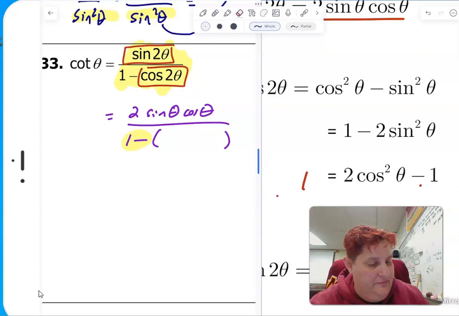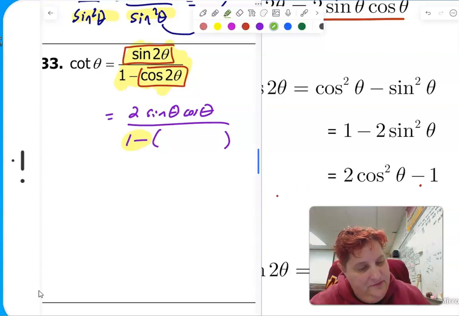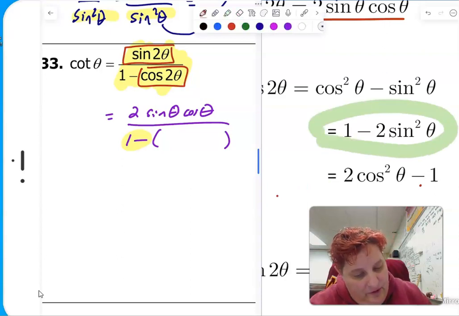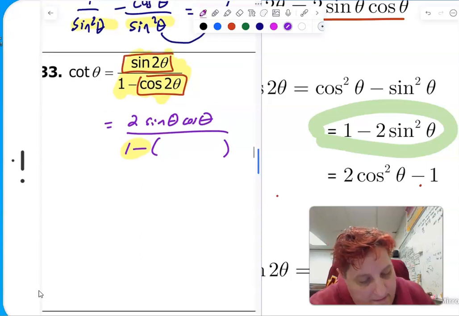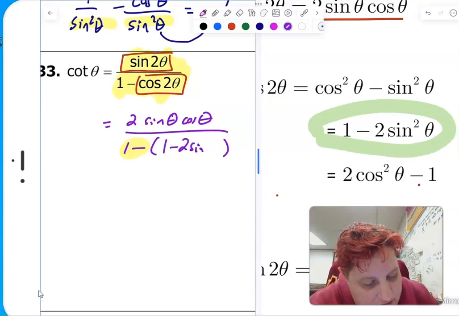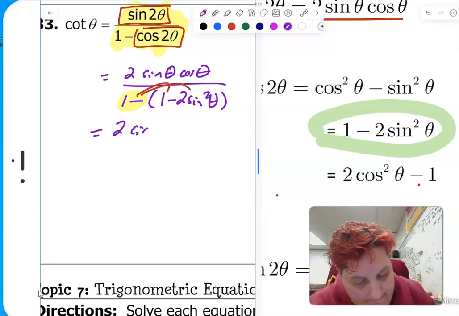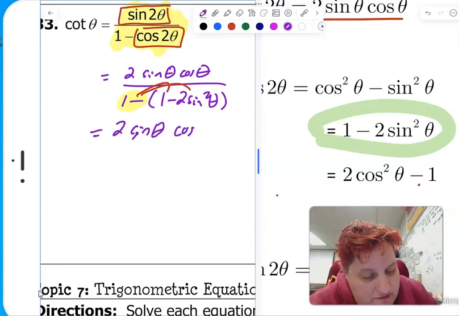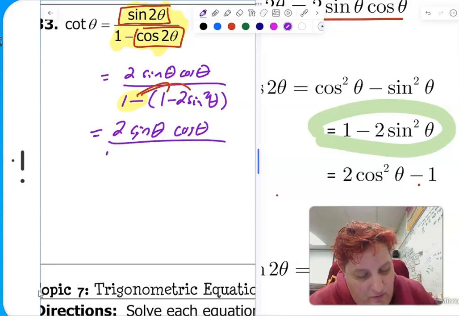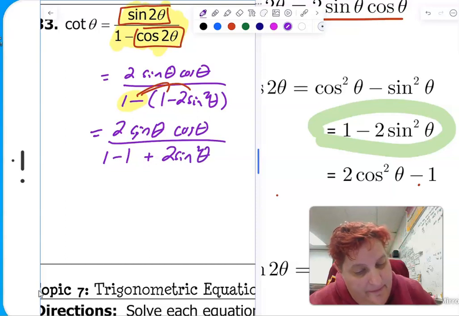So I am going to pick this middle one right here. And I'm going to write 1 minus 2 sine squared. Now, I have to distribute this negative. Okay? So I get 2 sine cosine over 1 minus 1, and then plus 2 sine squared. Well, the 1 minus 1 cancels out.